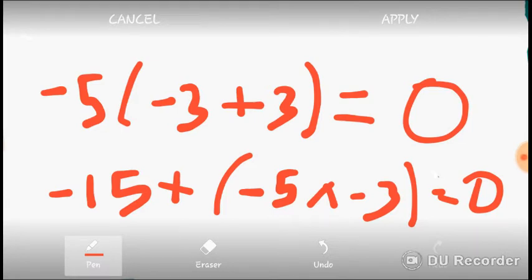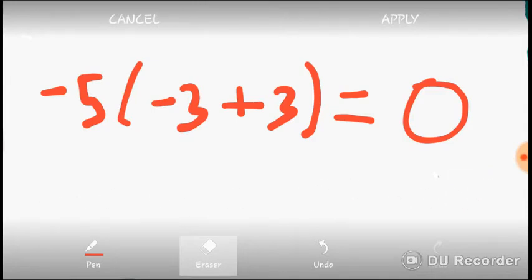So we can conclude that minus 5 into minus 3 will give us 15.